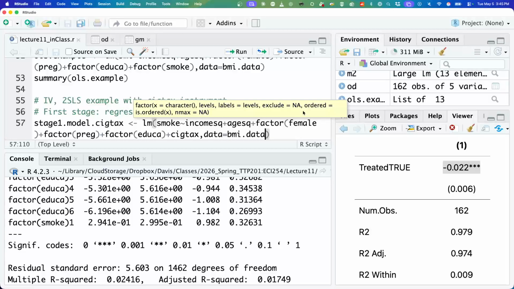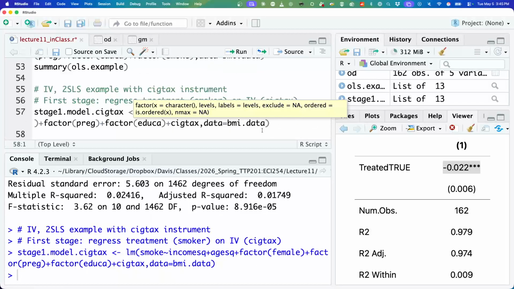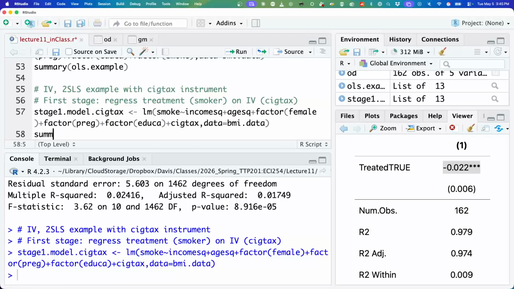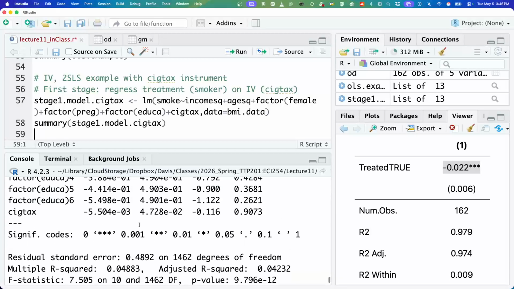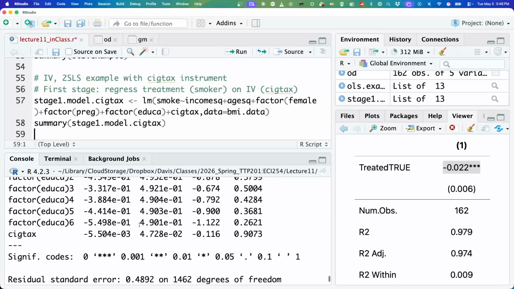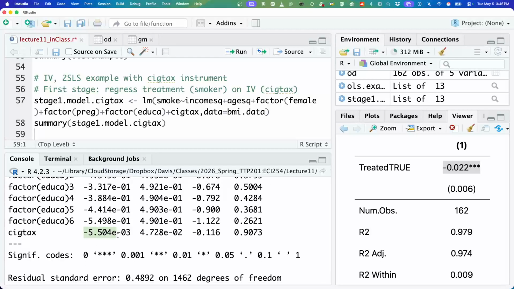Okay, so that's our stage 1. We could actually look at it and see what that looks like in terms of the results. And we do see that in general, an increase in the cigarette tax leads to a decreased likelihood that the person is a smoker. It's not statistically significant, so that does speak to the strength of this instrument not being very high.